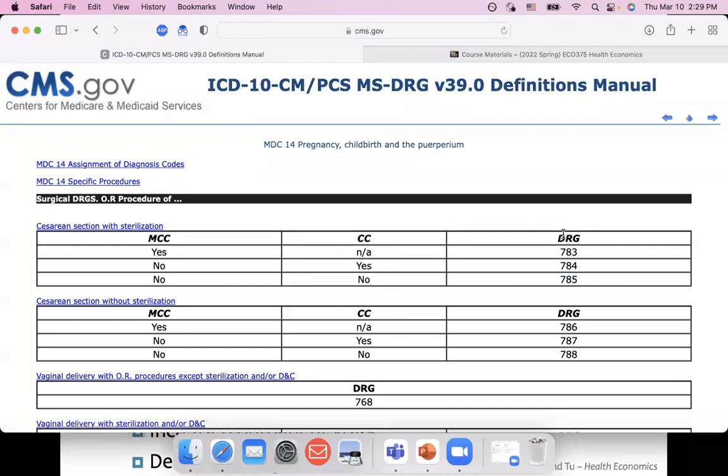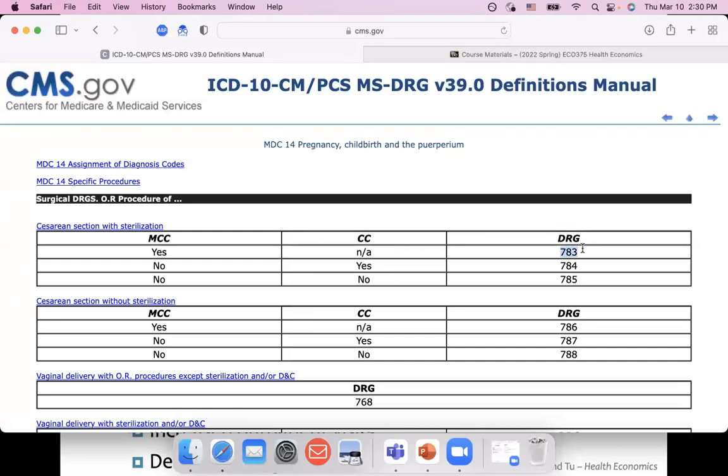Based on this code, the hospitals will know that there will be a fixed amount of money that Medicare is going to reimburse the hospital. Okay, because the mother herself is not paying any money. The hospitals will only get money from Medicare, and Medicare will give a fixed amount of money based on this code. Let's say two patients come in, both of them C-section with sterilization with major complications. Then these two patients will both be coded into 783.